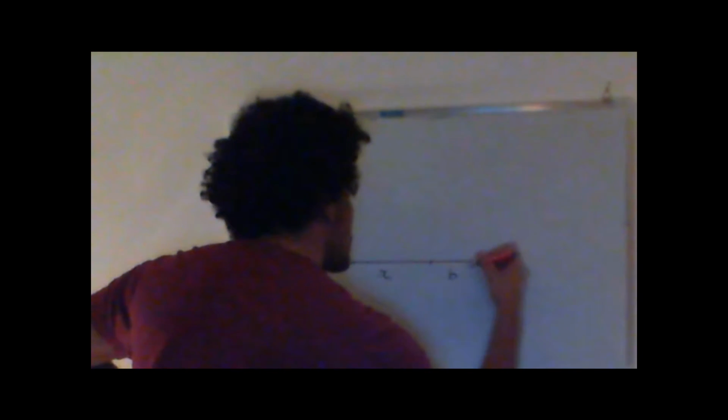But if you're confused, you can think of it as a rectangle, where you have a line and divide it into two bits, x and b, so b is this small bit here and x is this longer bit here.